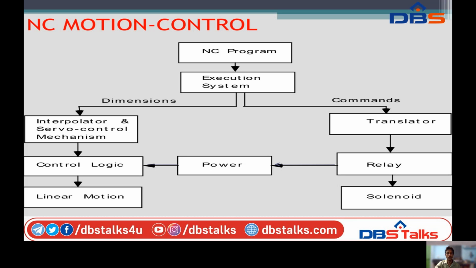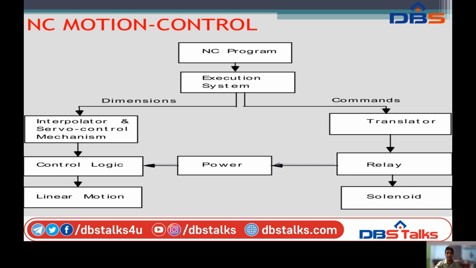Next, NC machine control. The cycle starts from the NC program and it will be given to the execution system. The execution system will be checked in 2 classifications. One is dimensions and the second one is command. The dimensions will be checked in the interpolator or servo control mechanism.